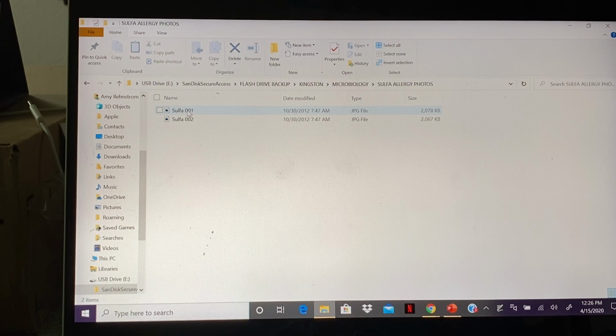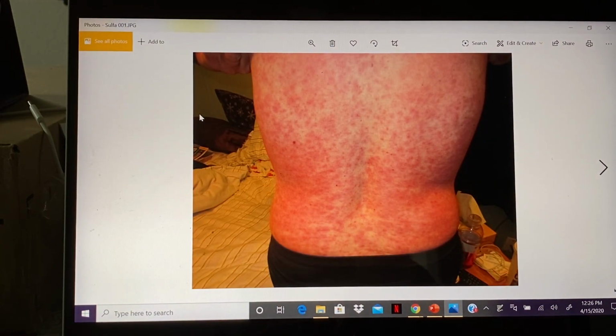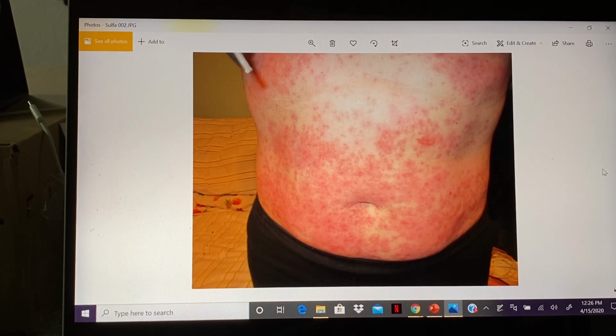When she went into the hospital, this is a picture of what her back looked like. And then this was the front. This is her immune system battling back and producing an immune response to sulfa drugs, which is also a very common drug allergy.